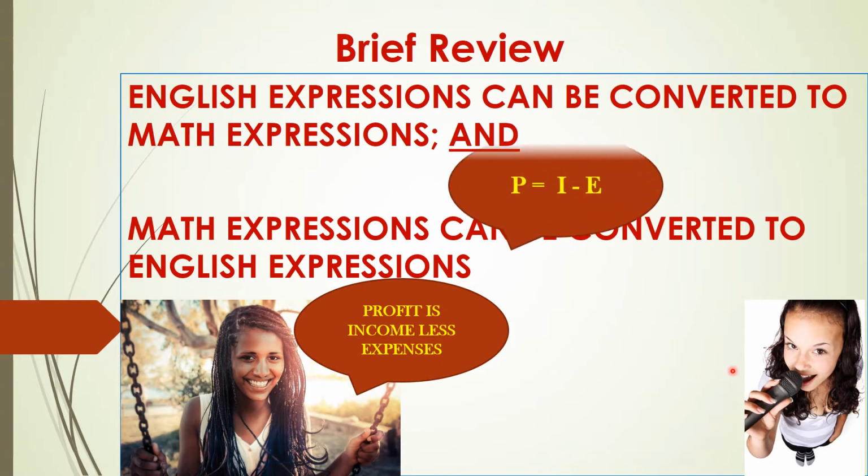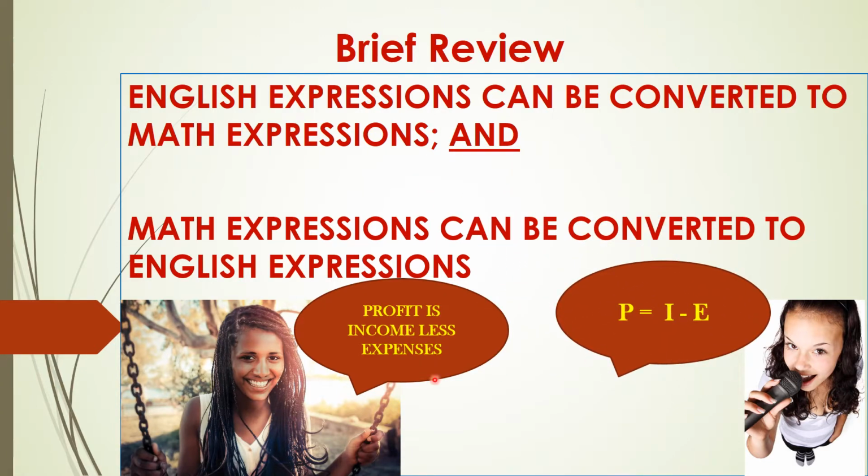And so she hears our business lady say profit is income less expenses, and she thinks P for profit, because we don't know what the profit is, equals income. We don't know the income, but we know it's a variable, so I'll use the variable I, less, it's getting smaller, so she chose subtraction, less expenses, so E for expenses. Profit is income less the expenses.